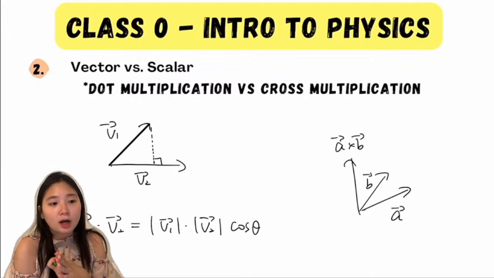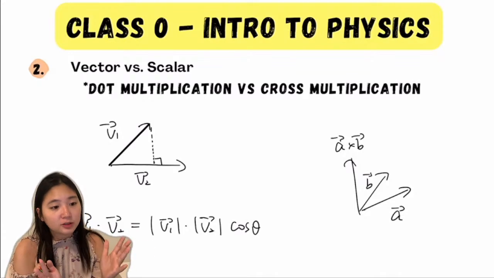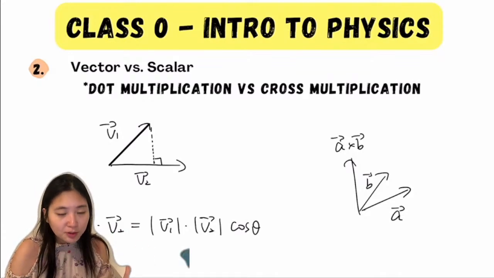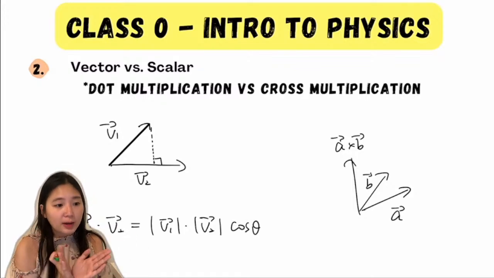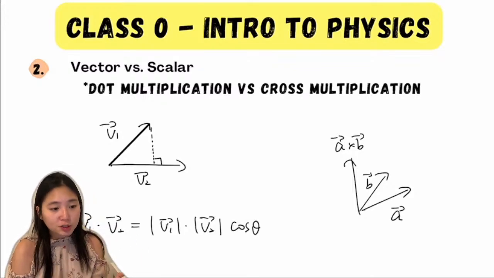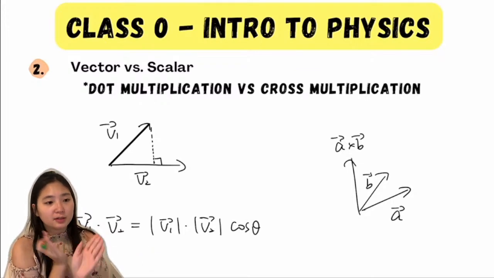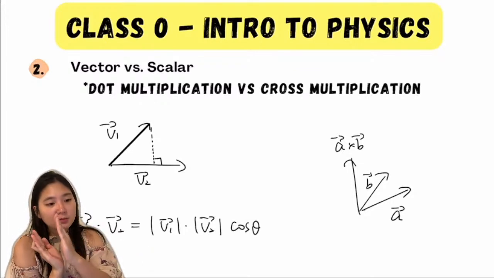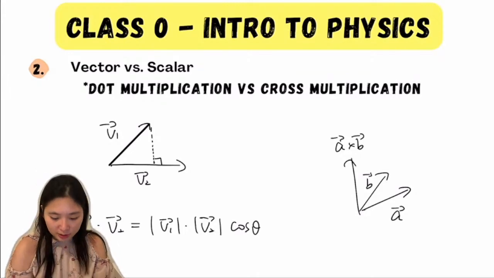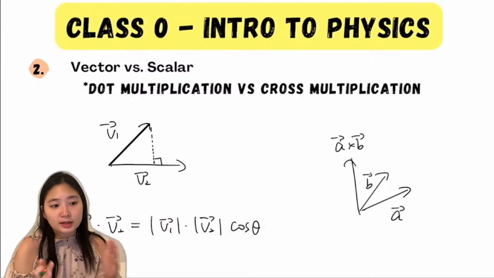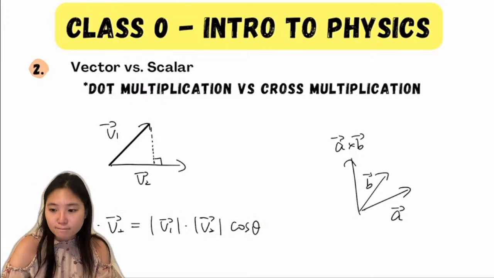I want to know to what extent these two vectors are involved with each other. So if you calculate the dot product of two vectors that are perpendicular to each other, you will get 0, which means these two are not involved at all. They do not interact because they're perpendicular. They have to have some kind of overlap to interact with each other, and it represents the extent of the overlap they have.